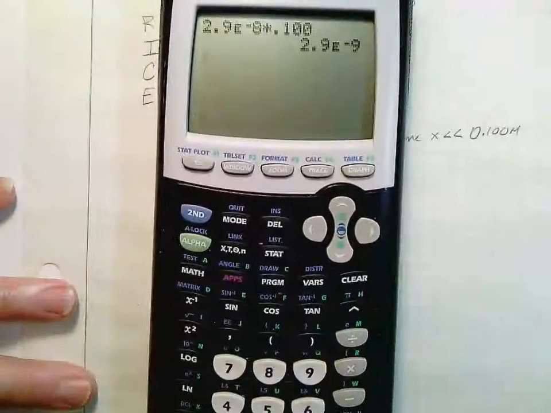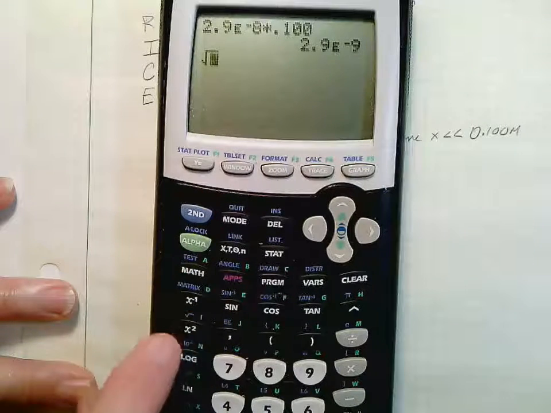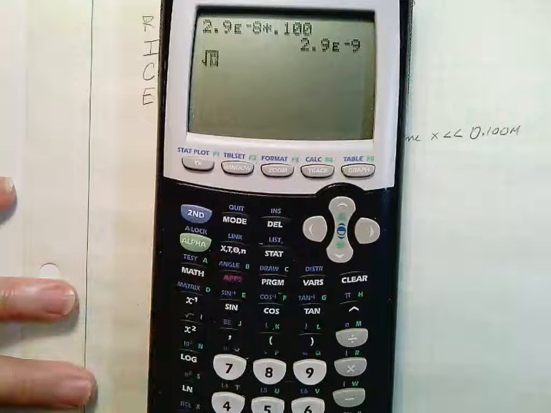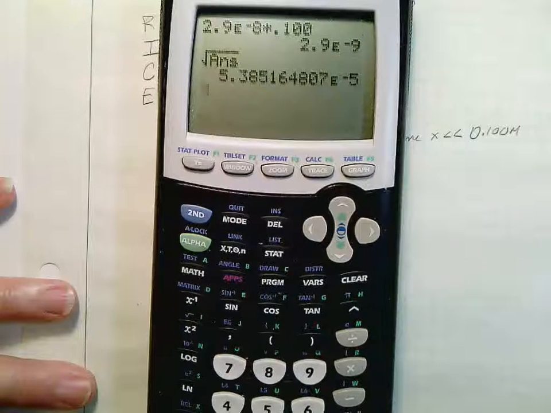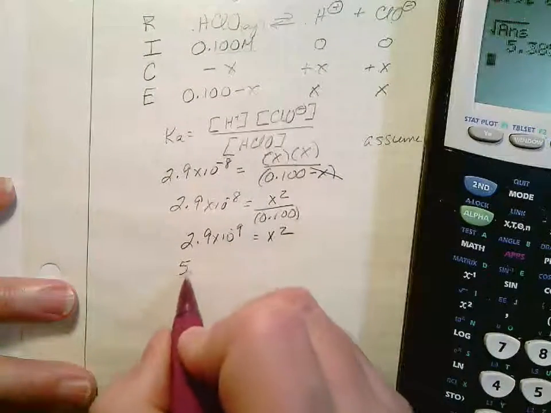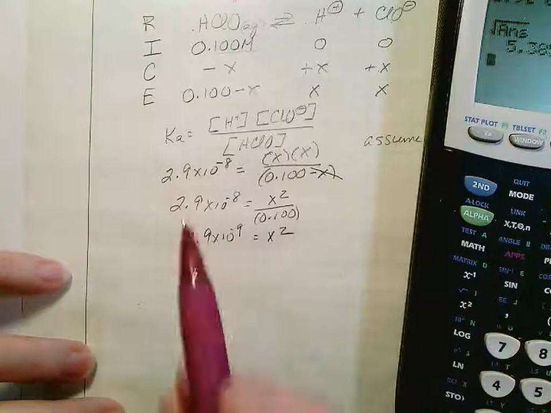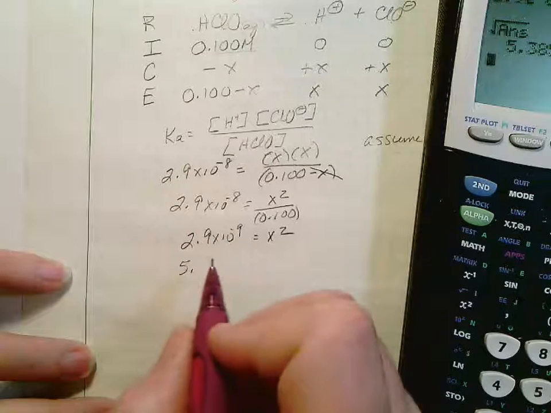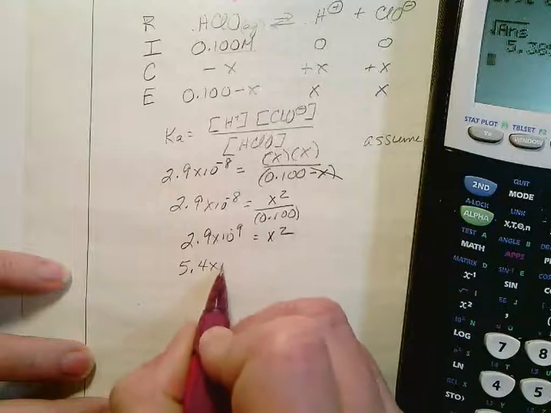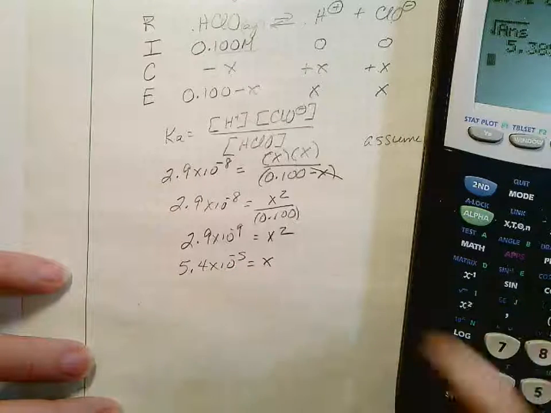And so now I need to take the square root of this. So I need to put that in the calculator first, then put in my answer. You don't even need anything else. And we get that X equals that. I have two significant digits in my Ka, so 5.4 times 10 to the negative 5th equals X.